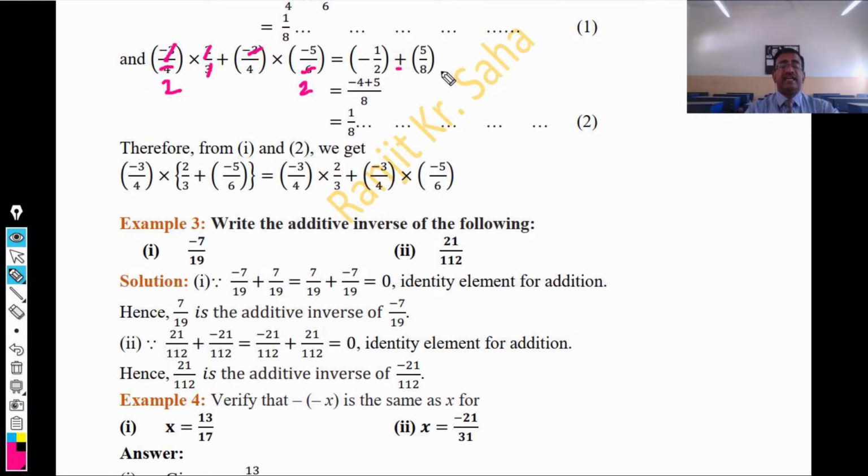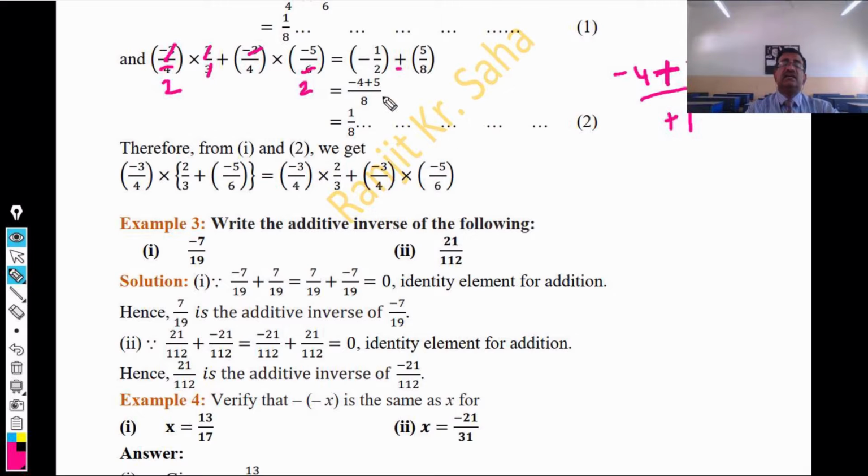Just take LCM of 2 and 8, that is 8. Now, it is minus 4 plus 5, and here you have to take precaution. The difference of these two numbers becomes 1, and 5 is more than 4 and 5 has a positive sign, so you have to take it plus 1.